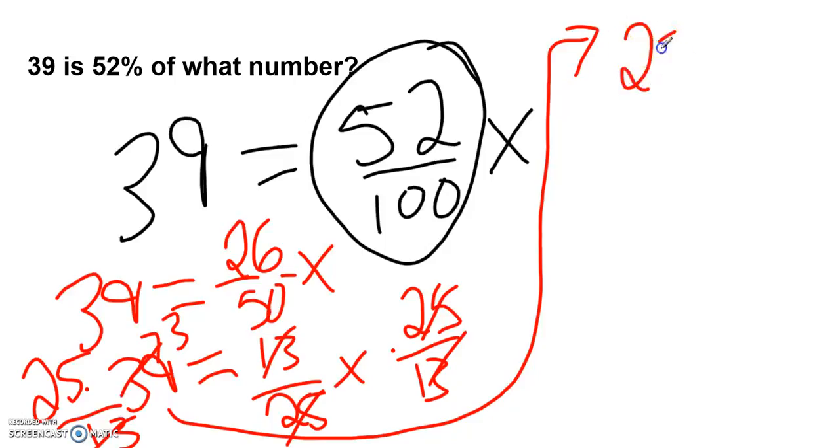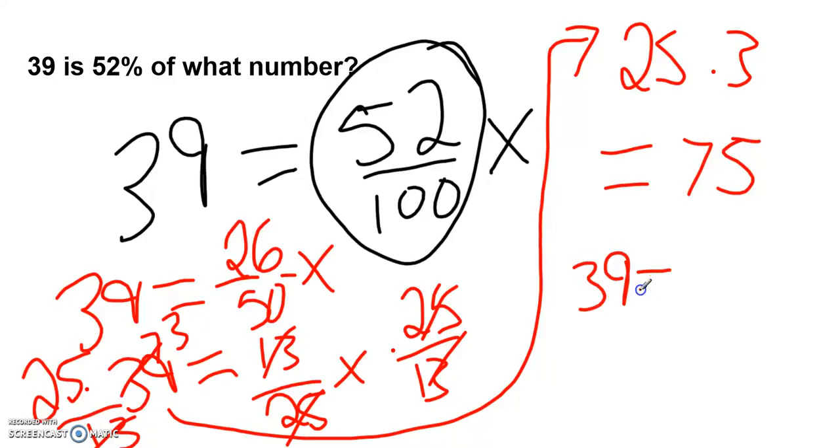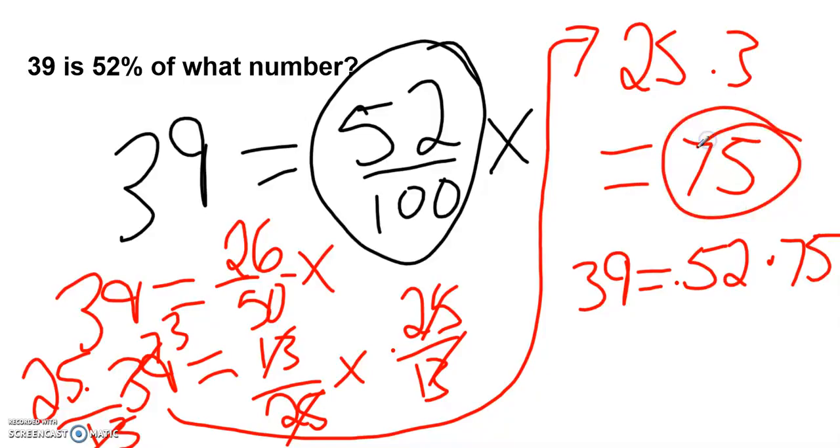So I have 25 times 3, which equals 75. So it's going to be 39 is 0.52 of our 75 that we found. So 75 is our answer there.